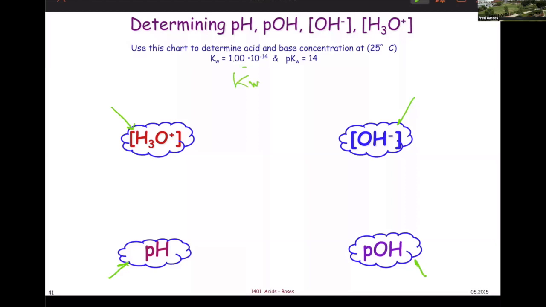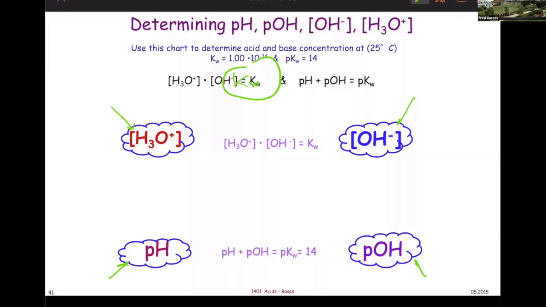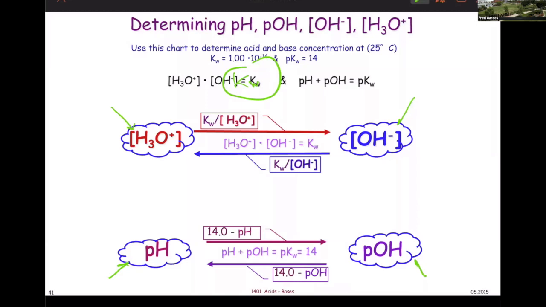Remember that the relationship between hydronium and hydroxide is that hydronium times hydroxide is Kw. So if you have hydroxide and you take Kw and divide it by hydroxide, that'll give you hydronium. If you have hydronium and you take Kw divided by hydronium, that'll get you the hydroxide.